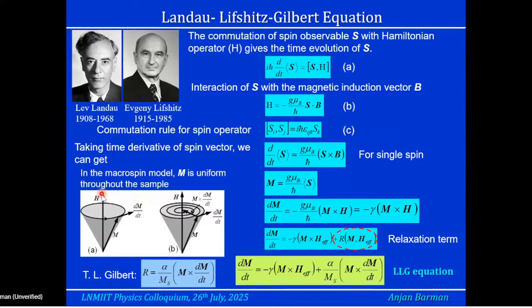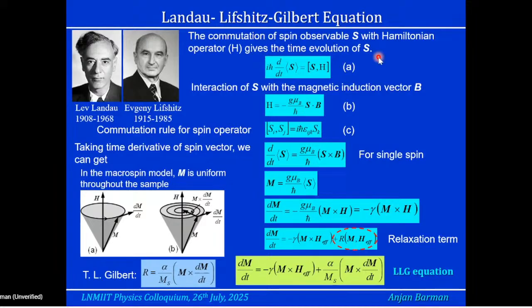Then there is a damping term, alpha over Ms, M cross dM/dt. This is a phenomenological equation, but one can actually derive it from quantum mechanical principles. How do you do that? I'll go through it very quickly.